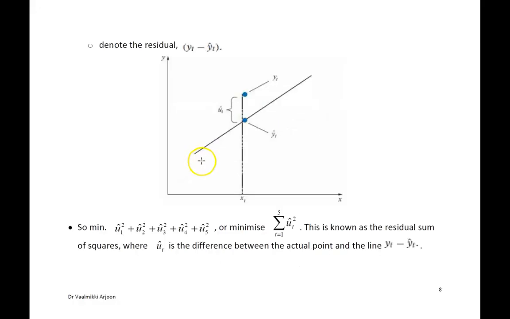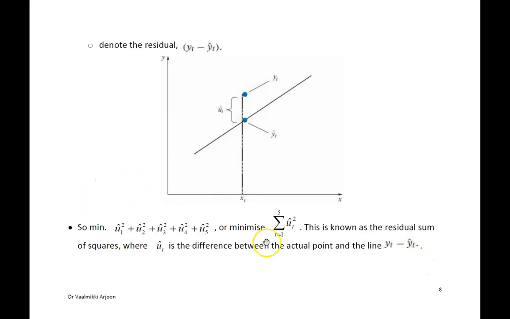So we want to minimize the sum of squares of the residuals, or the errors, the disturbance term. That'll be the square of the first residual plus the square of the second residual, the third, fourth, and the fifth. And again, u hat is the difference between the actual point yt and the fitted value of y.